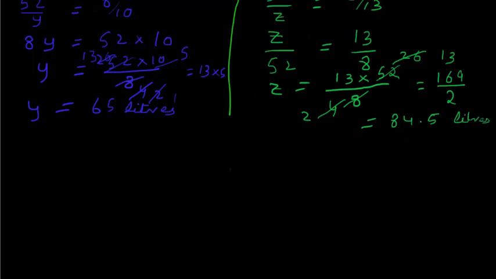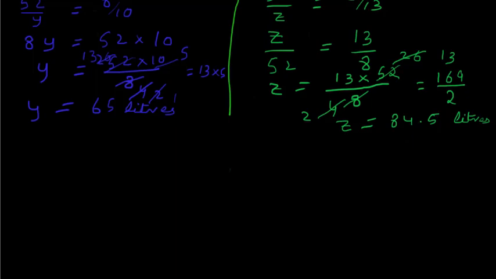So this Y belongs to car B, and this Z belongs to car C. This is the actual amount of petrol in car B's fuel tank, and Z is the actual amount of petrol in car C's fuel tank.